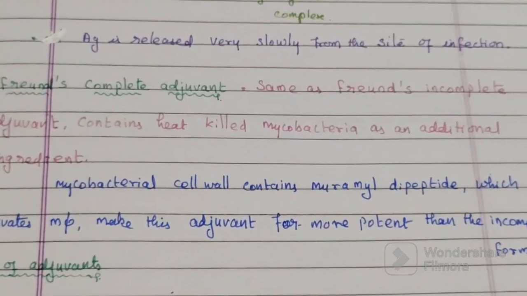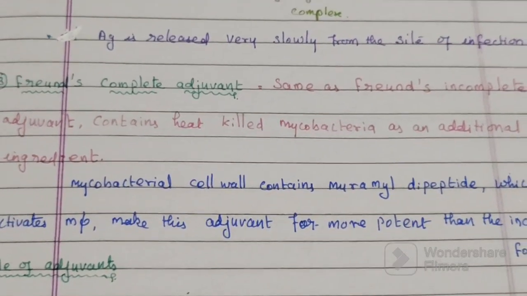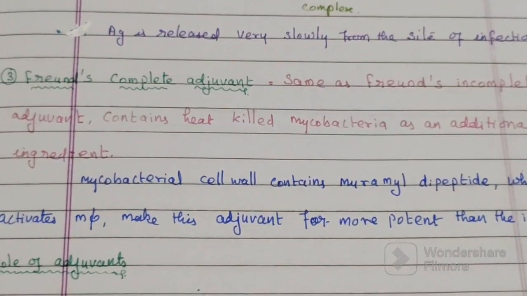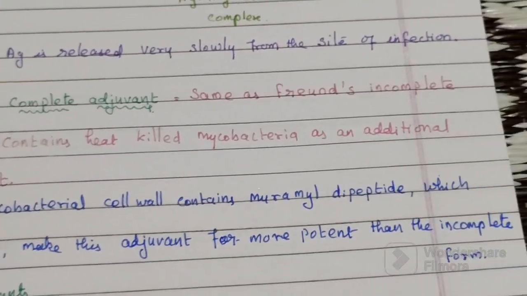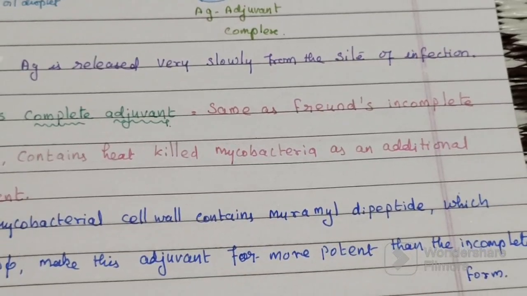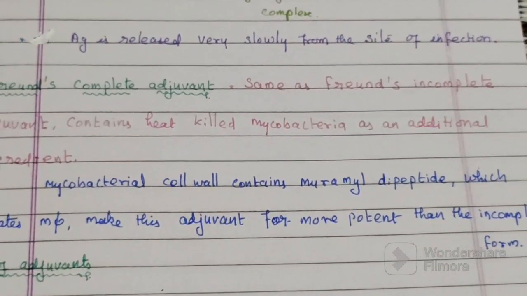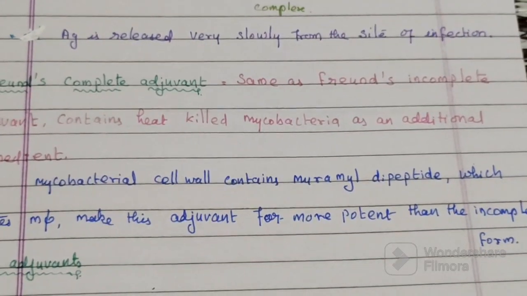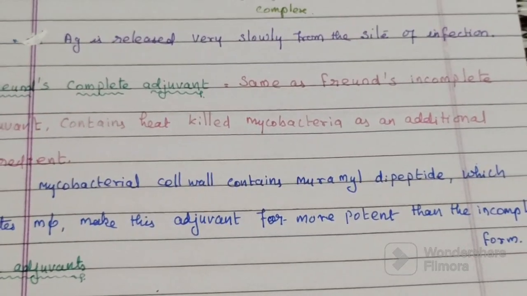So why are mycobacteria used here? The mycobacterial cell wall contains muramyl dipeptide, which activates macrophages and makes this adjuvant far more potent than the incomplete form.